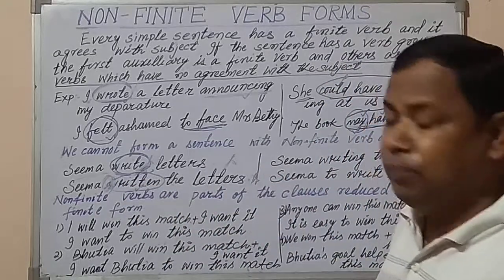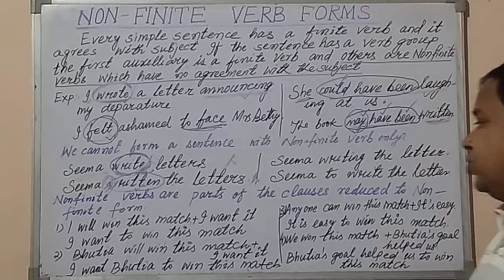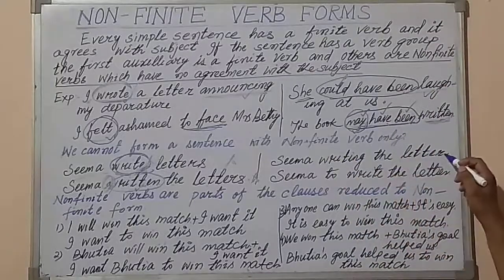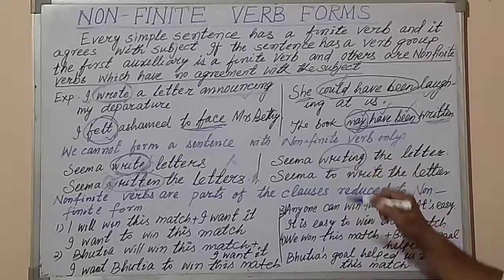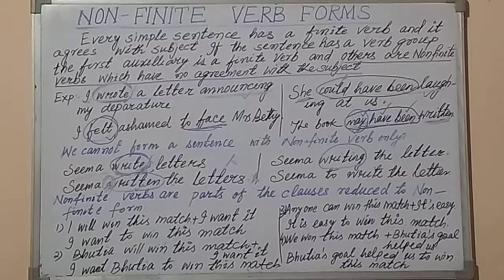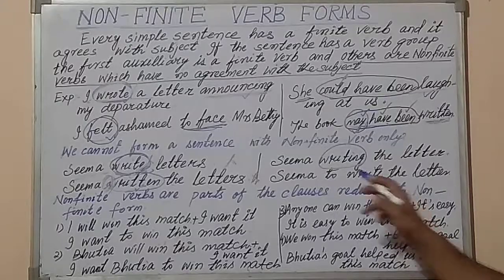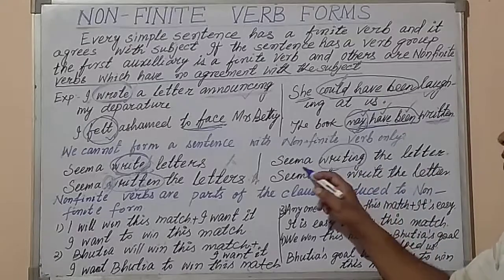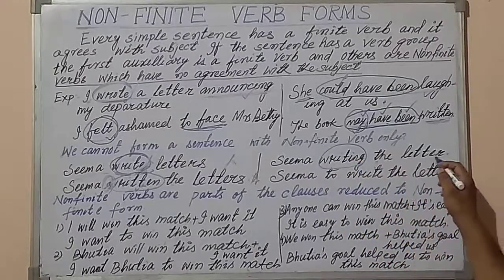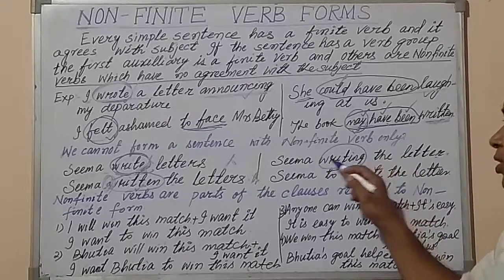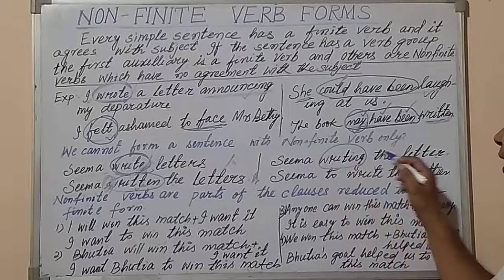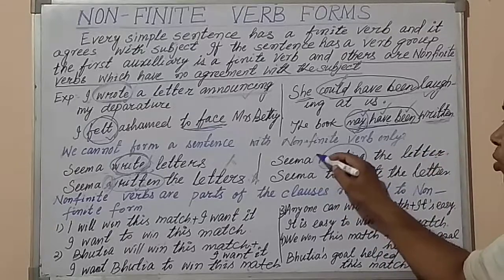It is impossible. And next you see, Seema writing the letter. Writing is the verb here. But this sentence is incomplete. How? Seema is writing the letter. As is or be plus verb-ing, it should be Seema is writing the letter. But here there is no is.